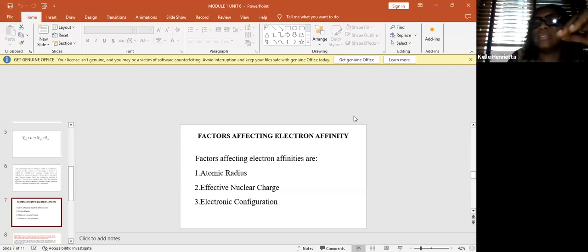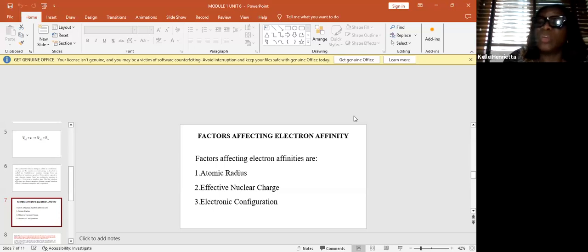So that's why it is small across the period. So as the atomic size of the atom is small, the effective nuclear charge will be more, and then the attraction for the incoming electron that the atom is accepting will be high.